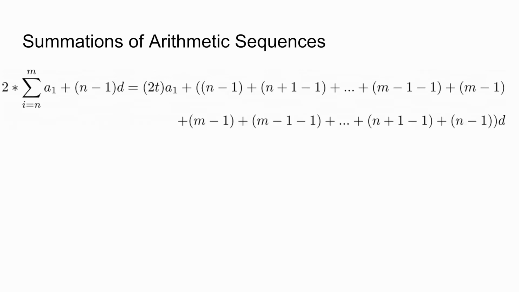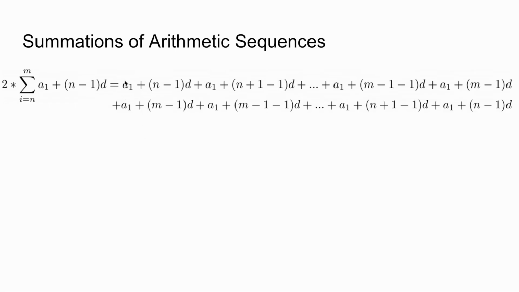And now we can factor out everything. So we can factor out a1, and we know that there's going to be 2 times however many terms there are, because in every single term there's one a1, and there's 2 times however many terms there are originally, because we multiplied everything by 2.